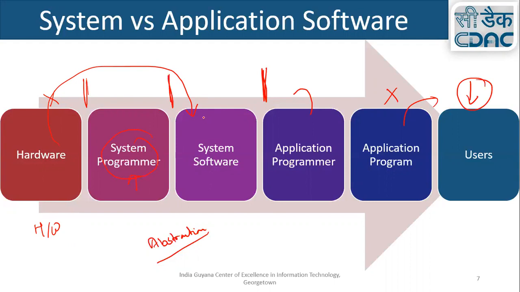The system software provides some services to the application programmer, and these services are utilized by the application programmer. The application program provides some services to the end user, who utilizes them. But at no point does the end user need to know about the system software or hardware. So this is the meaning of abstraction here.